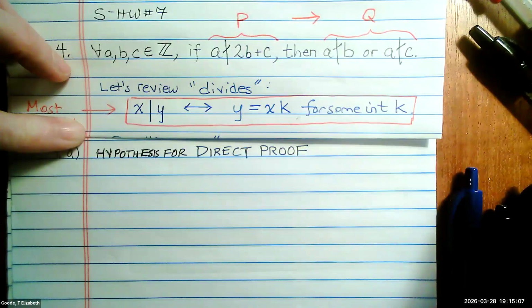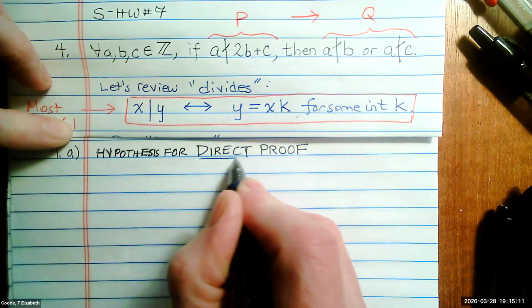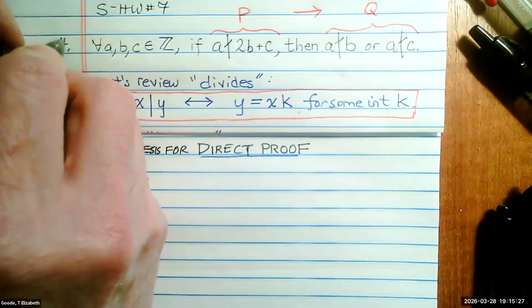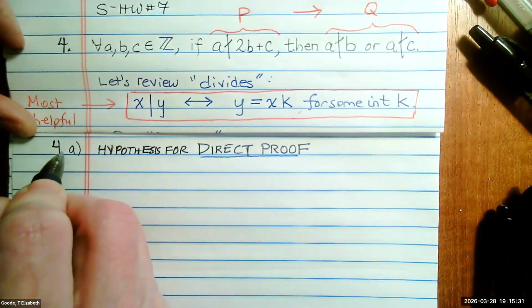Tell me what we should assume for our hypothesis for a direct proof. So we should assume if A does not divide 2B plus C, then A does not divide B, or A does not divide C. I'm very glad that you said that because that's a very common error.